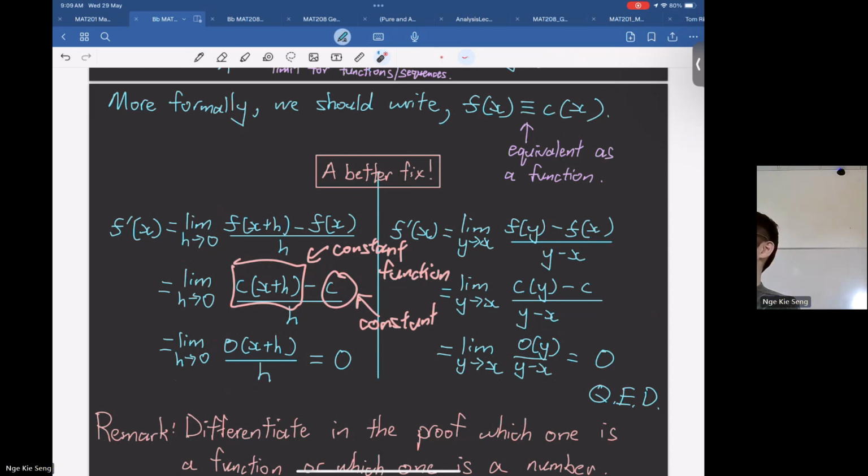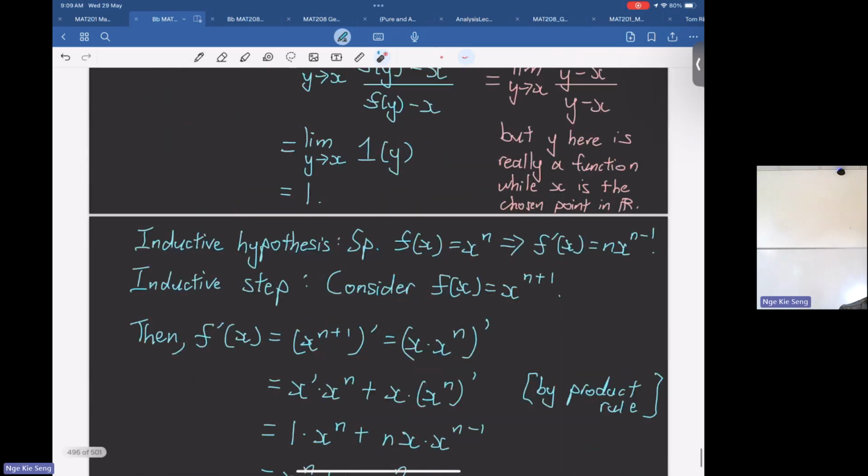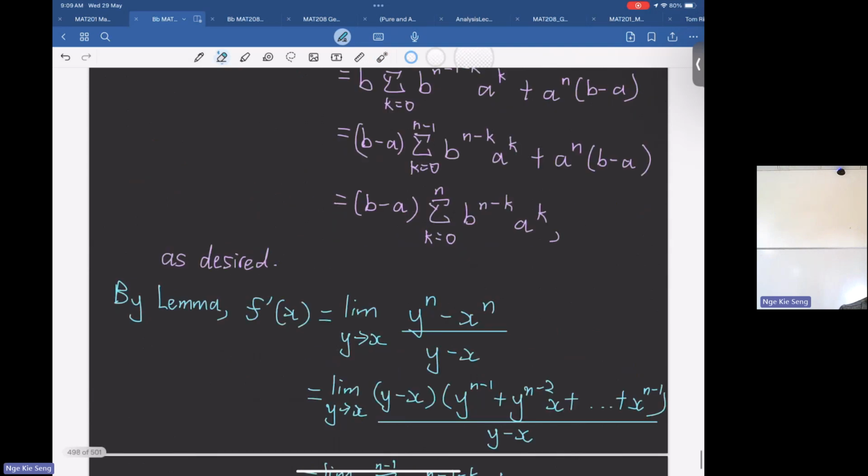So when you are dealing with infinitely many points, you need limit. We want to see the behavior of the sequence or the function. Does it make sense? Okay, so this is about constant functions.